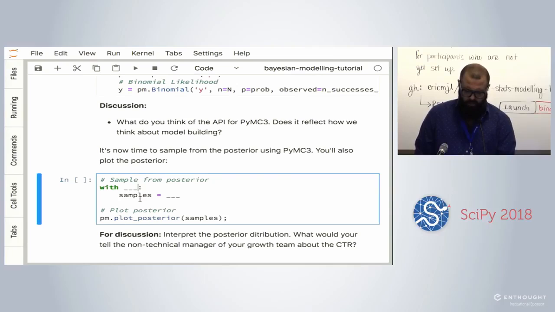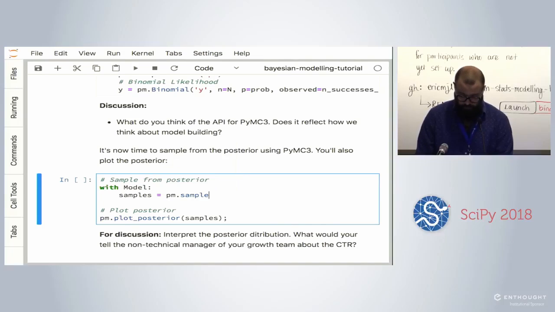So now what we want to do is sample from this posterior. And this is where stuff gets really, really cool. So what we do is, once again in a context manager, we sample, and under the hood, PyMC3 will be using MCMC to sample from it. What I'm going to do is call pm.sample.